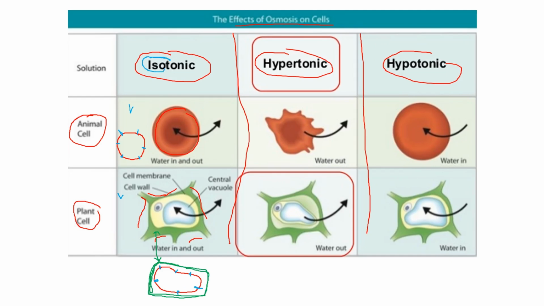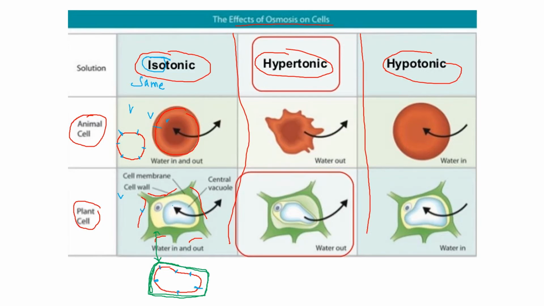Iso means the same. So it means the same concentration of the salt, for example, inside of the cell and outside of the cell. We have exactly the same concentration.